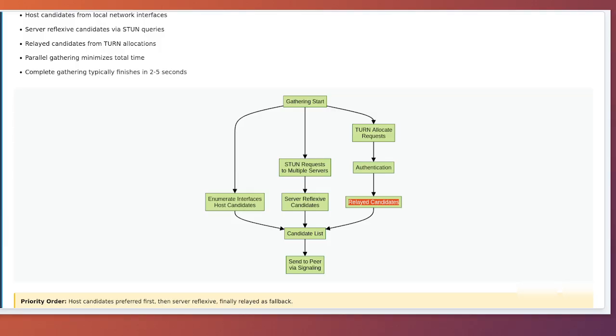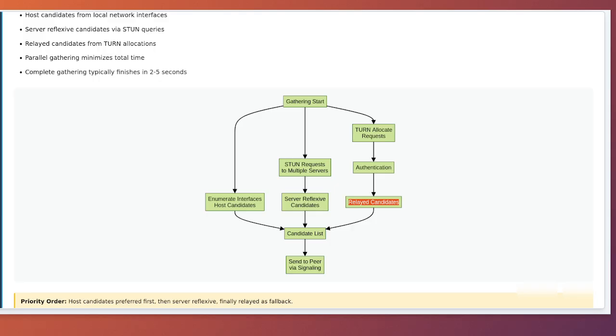Because TURN is more expensive in terms of latency and resources, relayed candidates are given the lowest priority. They serve as the fallback option when all else fails, but they guarantee that connectivity will succeed even in the most restrictive network environments.